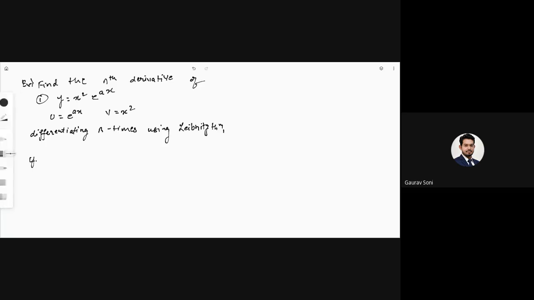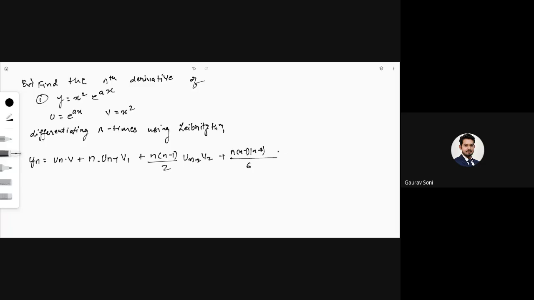So yn is equal to un into v plus n into un minus 1 v1 plus n into n minus 1 upon 2 un minus 2 v2 plus n into n minus 1 into n minus 2 divided by 6 un minus 3 v3.